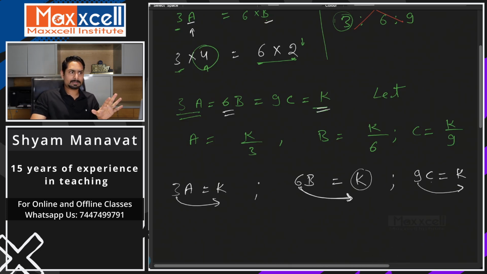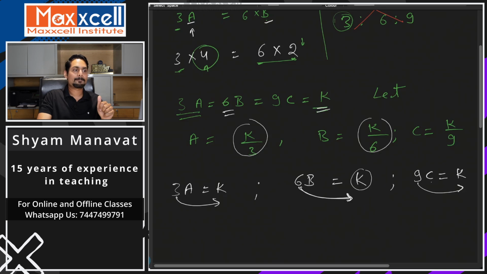So I hope this step is clear. We assume all of them equal to k, and then we have equated one by one: 3a equal to k, 6b equal to k, 9c equal to k, and then you get a equal to k by 3, b equal to k by 6, and c equal to k by 9, right?